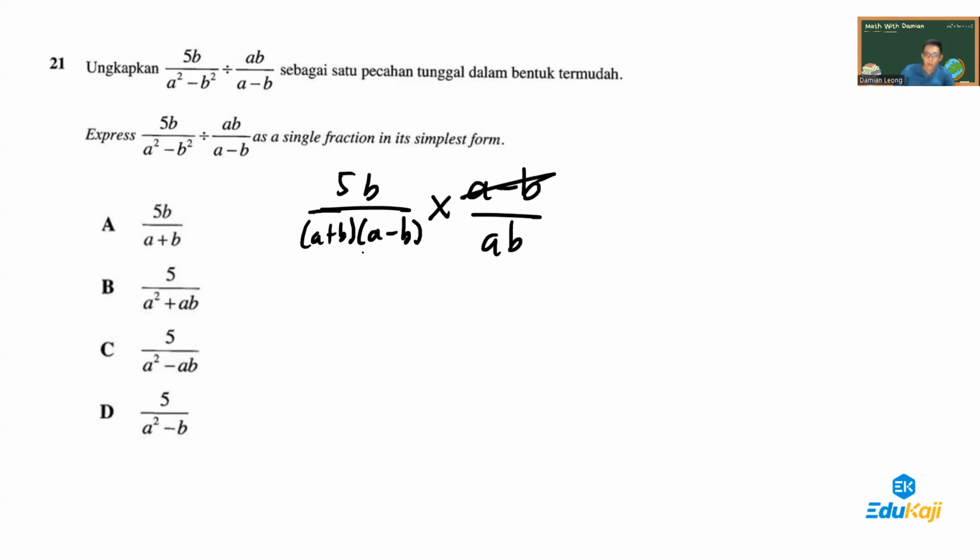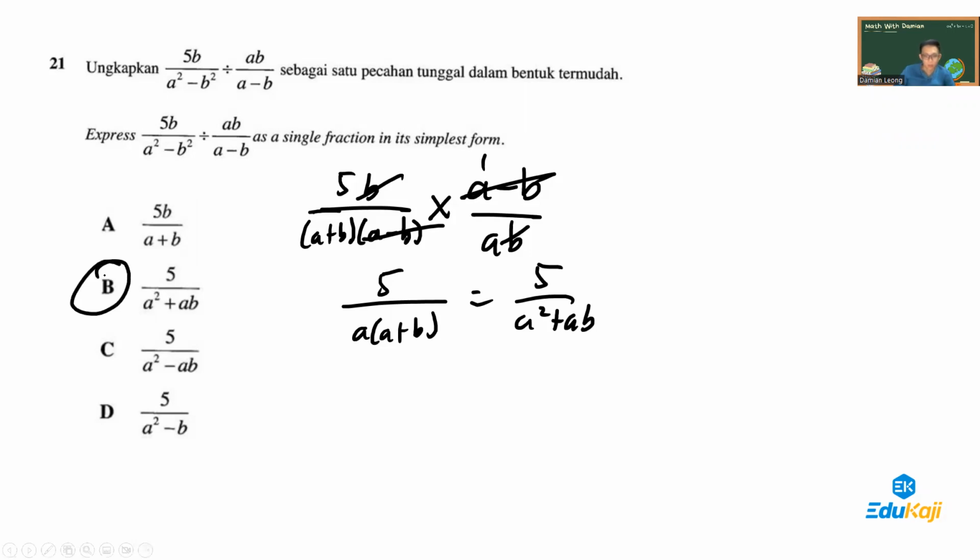So a minus b, I can cut. b and b I cut. So it is 5 times 1, 5 on top. Then a times a plus b below, which is 5 over a squared plus ab. Answer B.